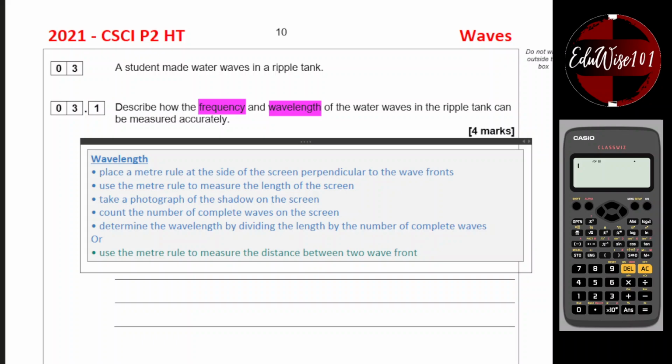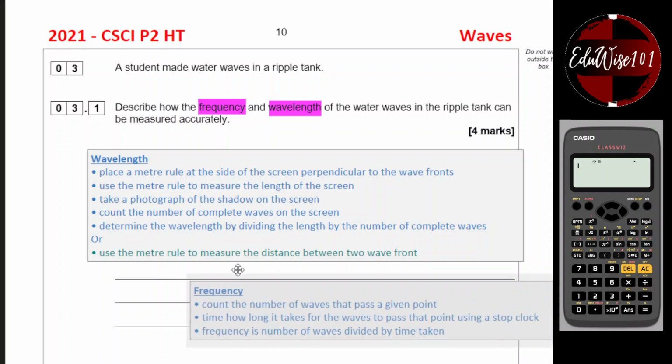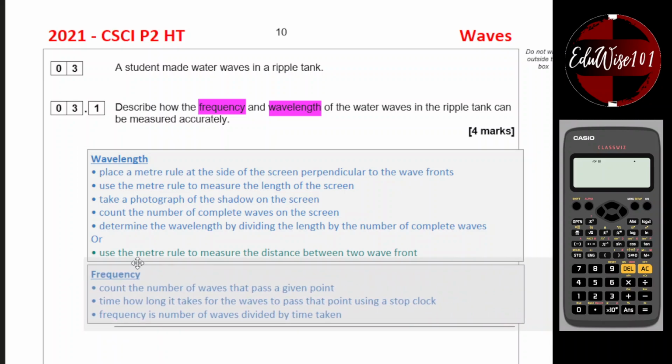In order to measure the frequency, again, there are two different ways. The first method: count the number of waves that pass a given point. Time how long it takes for the waves to pass that point using a stop clock. Frequency is the number of waves divided by the time taken, which is the best method, I think.